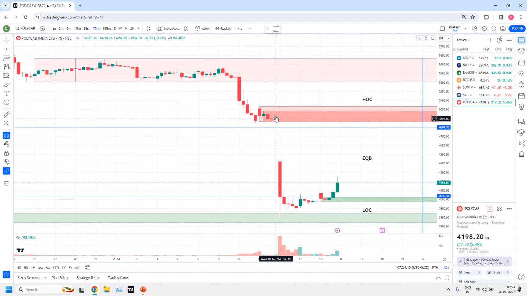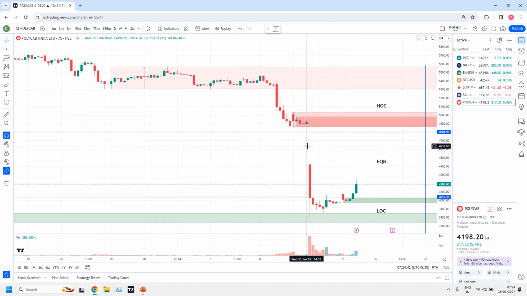The LTF supply zone is there inside the ITF supply zone. What is LTF? 75 minutes. What is ITF? Daily. Our 75 minute supply zone is there inside the daily supply zone. If that is the case, what will happen?